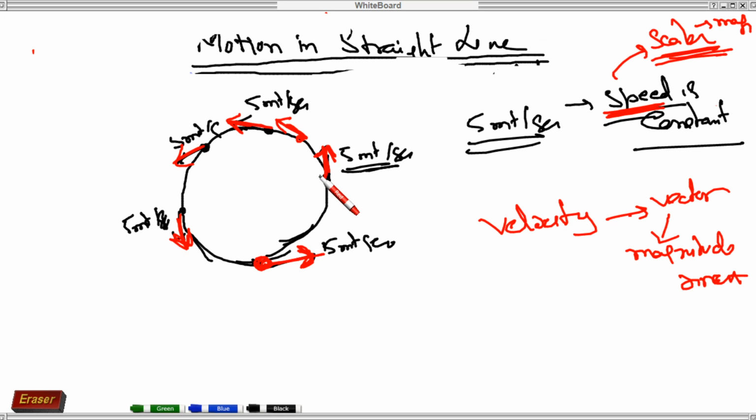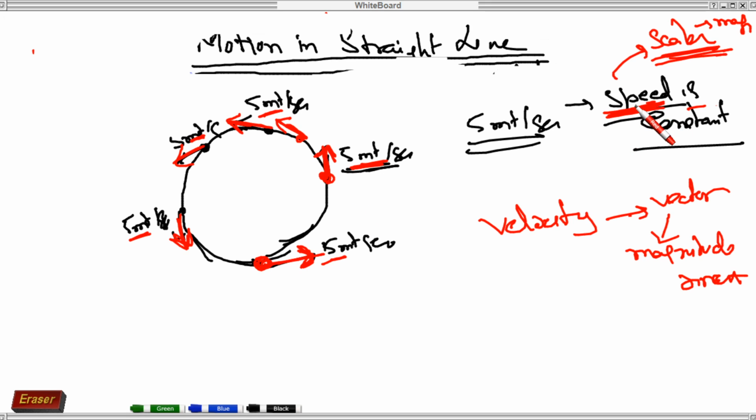So speed is constant: 5 meter per second here, here, here, everywhere throughout the circle its speed remains the same, 5 meter per second.